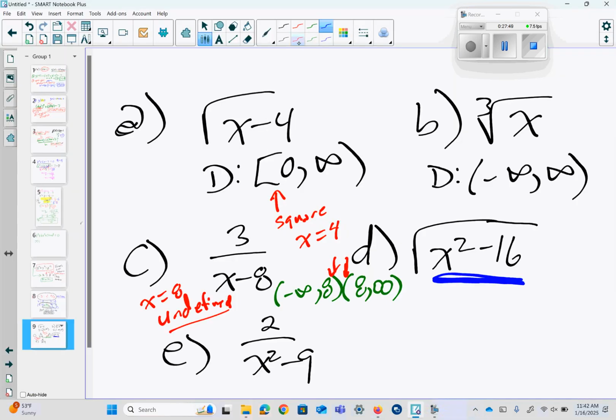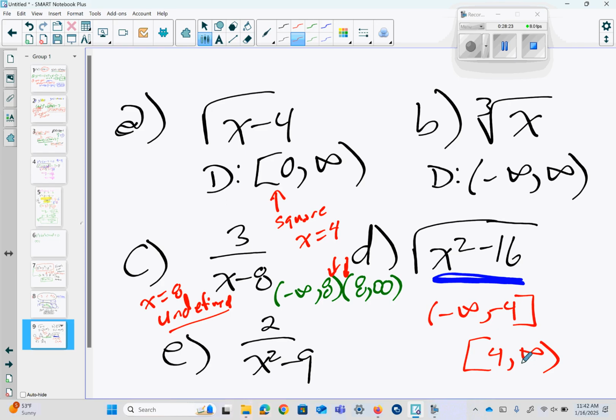This is going to be negative infinity to -4 square bracket, and then square bracket from 4 to infinity. That means our graph exists in the real number system in those boundaries. Anything between -4 and +4, so -3, -2, -1, 0, 1, 2, 3, or any fractions or decimals between them, would not work in the real number system. Okay?